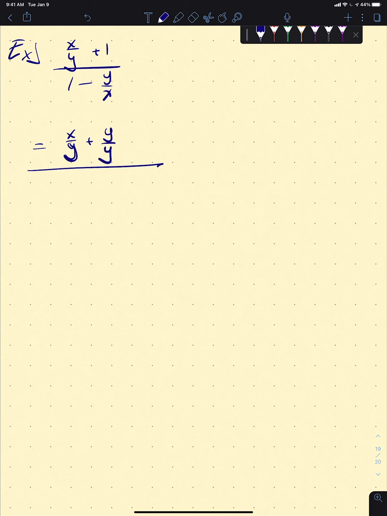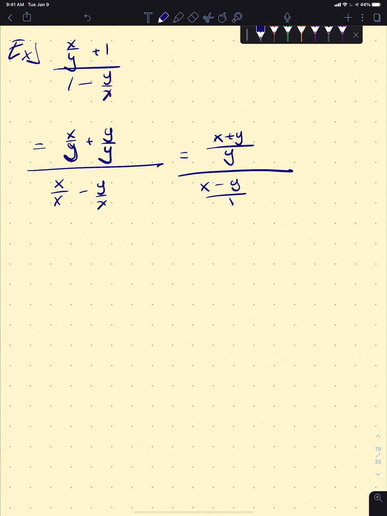And we're dividing that whole thing by x over x minus y over x, right? Where I did the same thing here of multiplying 1 by x over x. Now I can add with my common denominator, and I can get x plus y over y divided by x minus y over x.